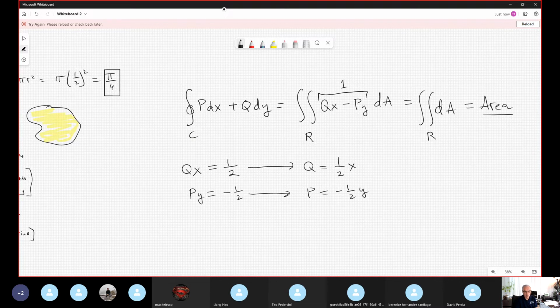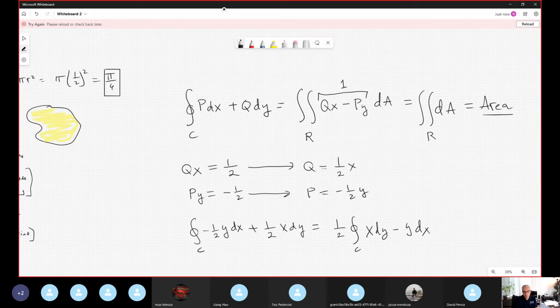Well, let's do it. P is negative 1/2 y dx, and Q is positive 1/2 x dy. Factor out 1/2 and organize in an elegant way: x dy minus y dx. Boom, that formula.